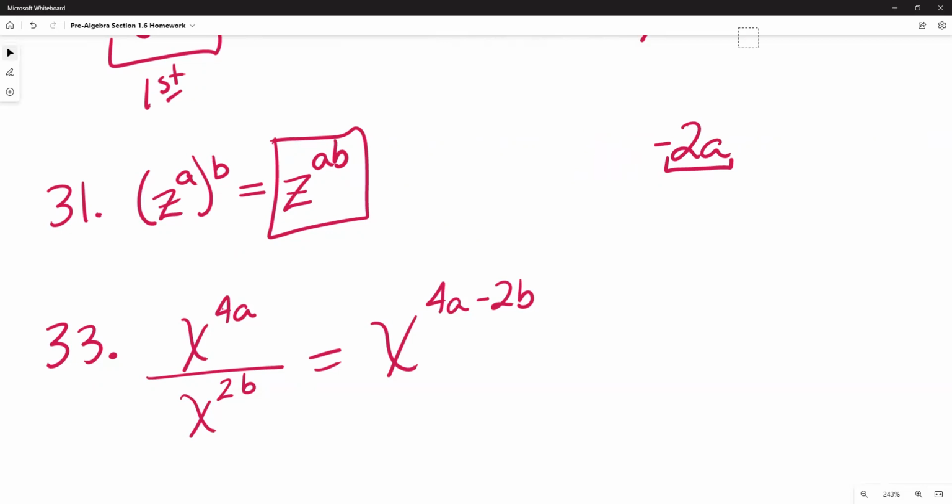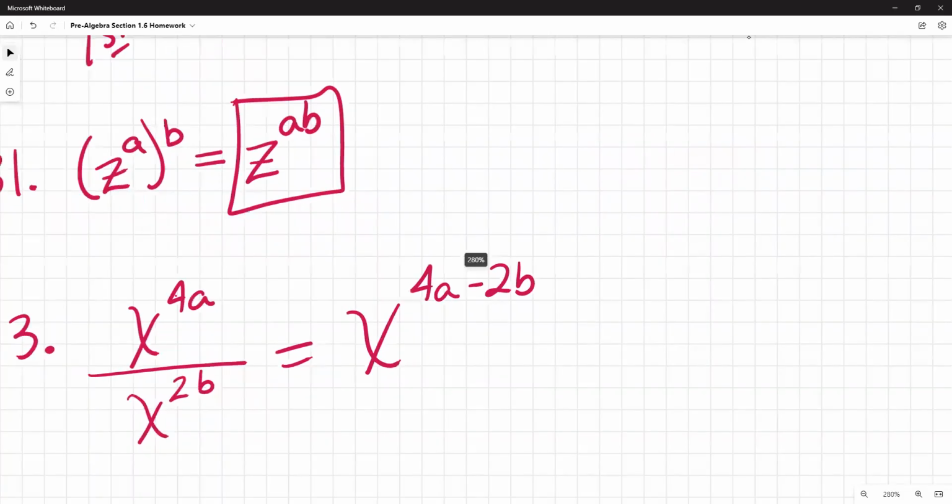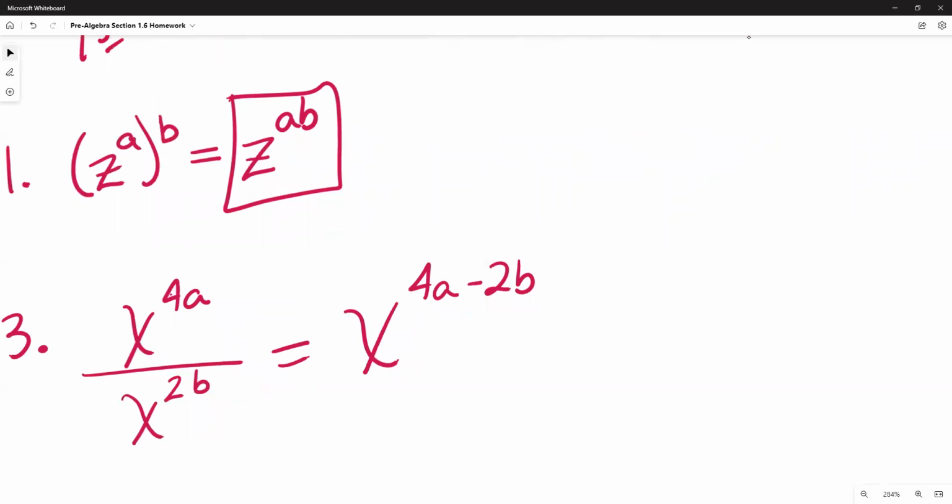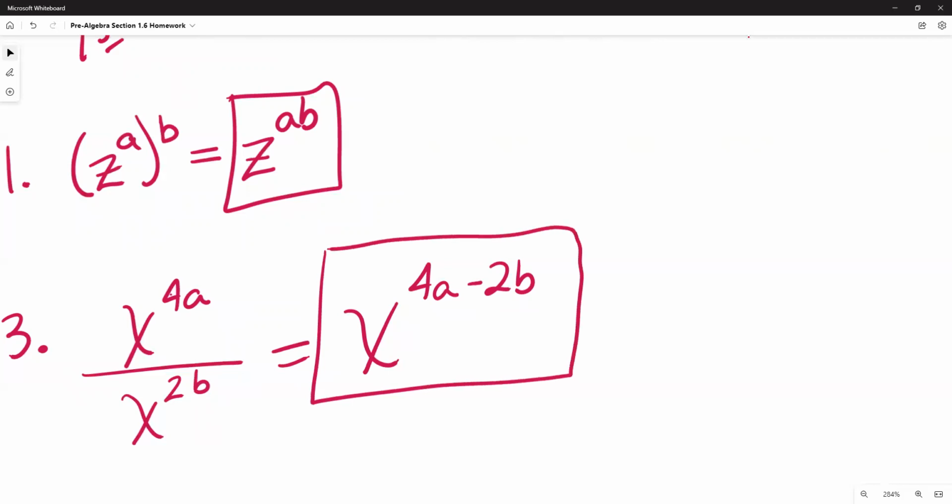Now, is 4a a like term to 2b? No, we have different variables. So you can't simplify that anymore until you know what a or b is. So that's literally 4 times a. That's 4 a's. So that's a plus a plus a plus a is 4a.